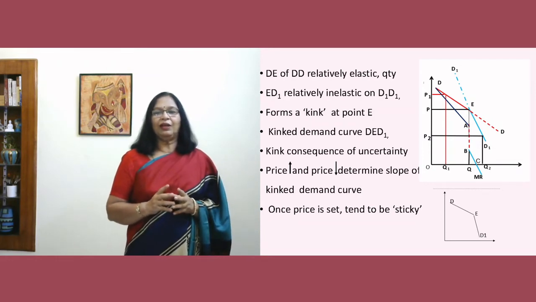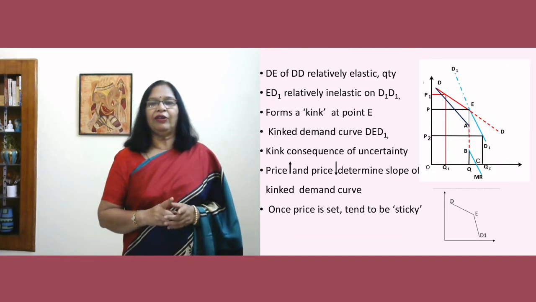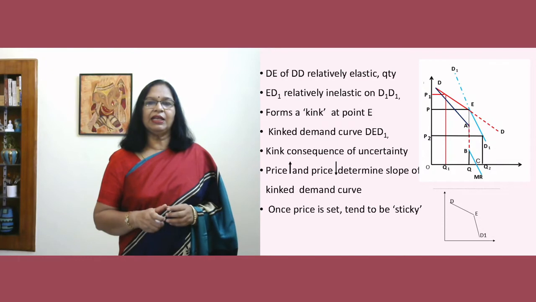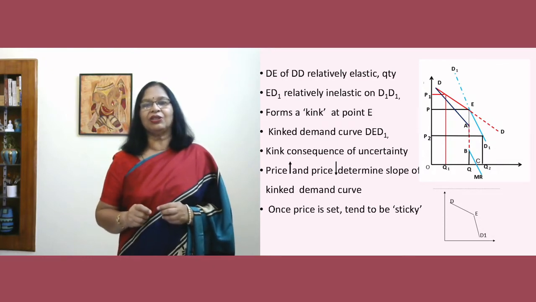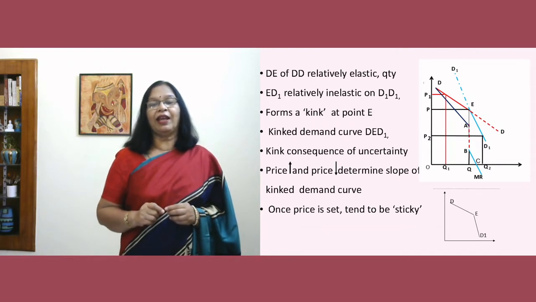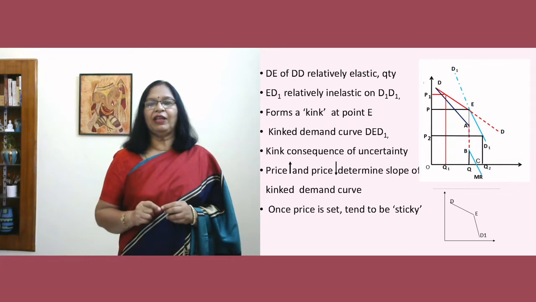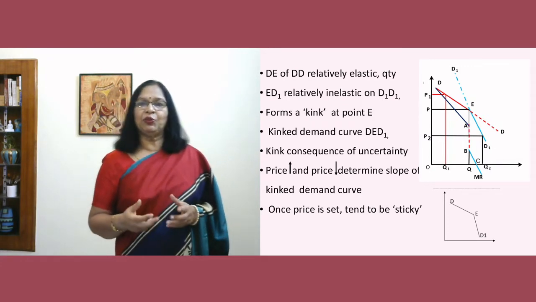We have the demand curve DD represented in red color. The DE segment is in bold lines, whereas the ED section of the demand curve is in dotted lines.